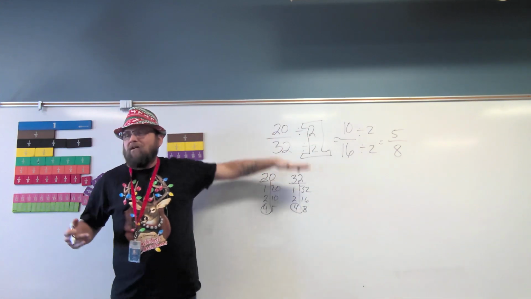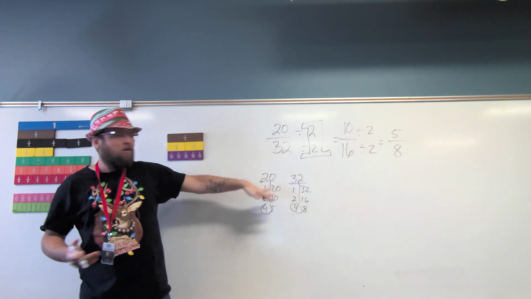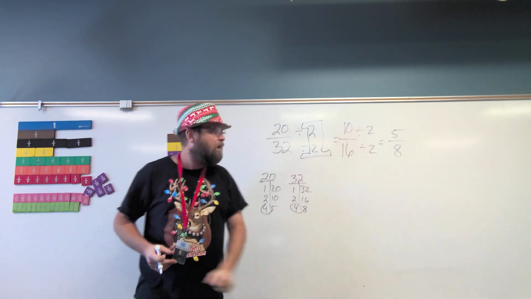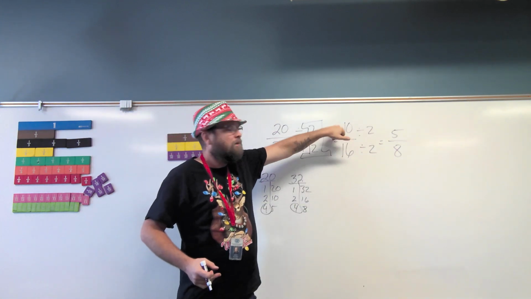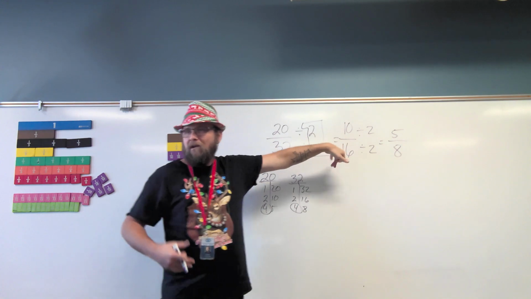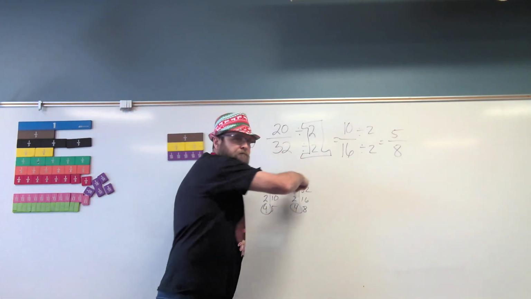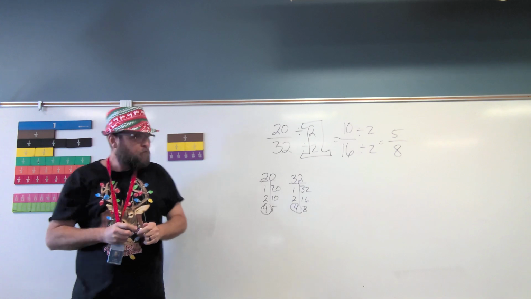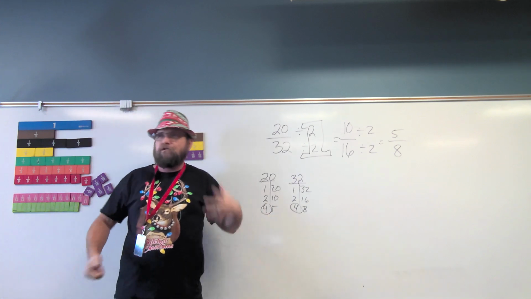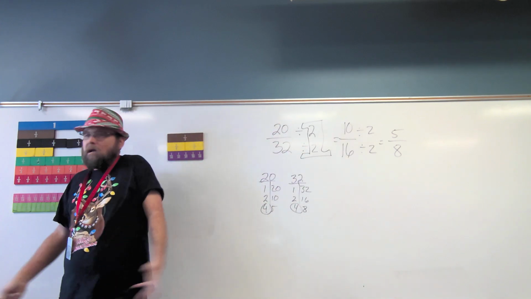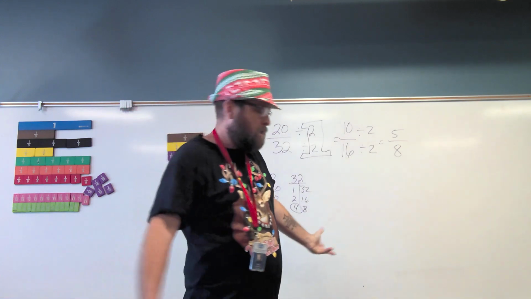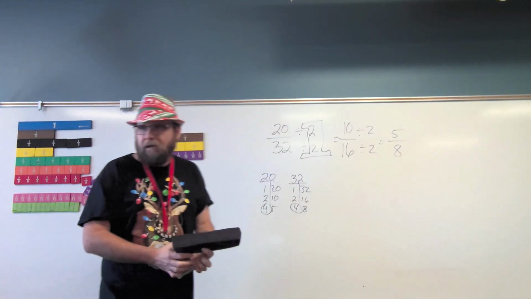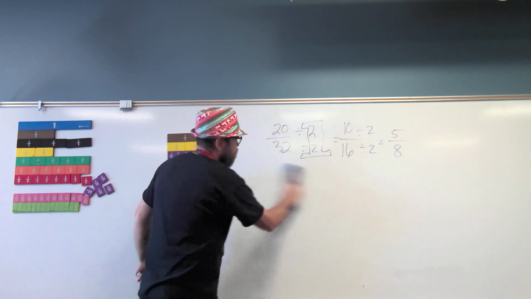But I wanted to skip this part, and I knew I could eventually get down. Because if I got to 10 and 16 and was confused, I could list the factors of 10 and 16. But if they're both even, I always start with just 2 and work my way down. I'm just saying.